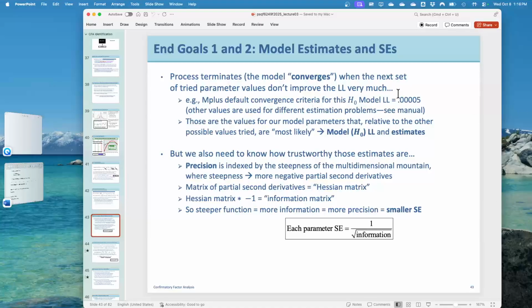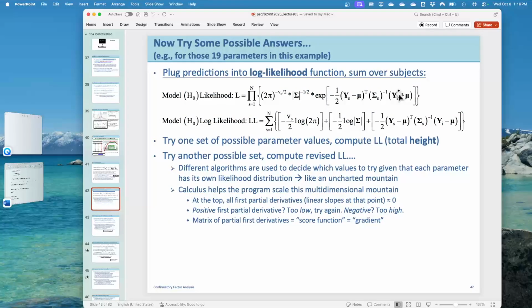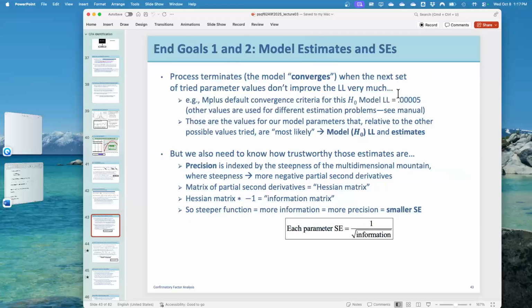So it turns out if we take our log likelihood function right here, and this is an oversimplification, really what we need is to differentiate it twice with respect to the parameters of interest. Not sigma, but think item one's first factor loading. So we'd have to take the first and second derivative of that. These are called partial derivatives.